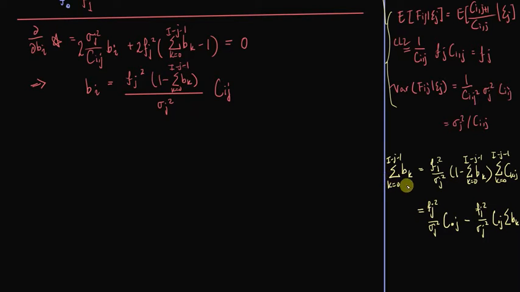And now we see that the sum over bk appears two places, and we can isolate the sum over bk by adding this term on both sides, and then dividing by whatever is necessary to isolate the sum.